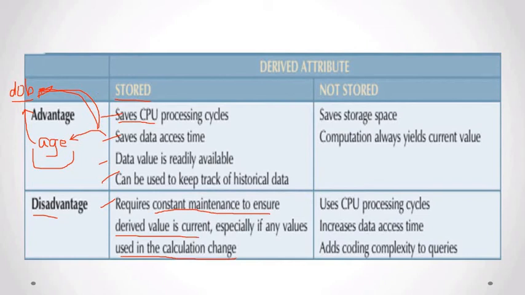So, again, a good example of that is age. Okay, so for example, if the date of birth, let's just use the year. Supposing the person was born in 1980.